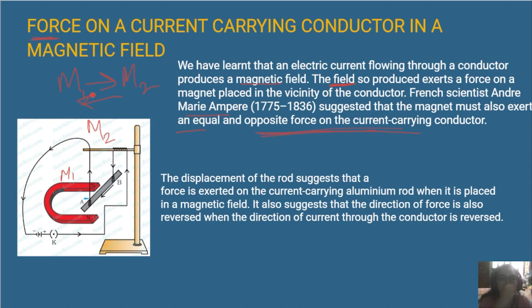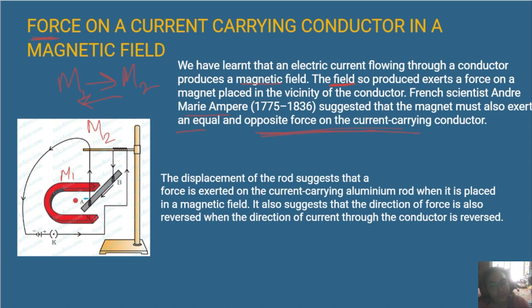So both of them are exerting force on each other due to the strength of their magnetic fields. Now one of them is a current carrying conductor due to which a magnetic field is being produced, and one is a magnet in itself.